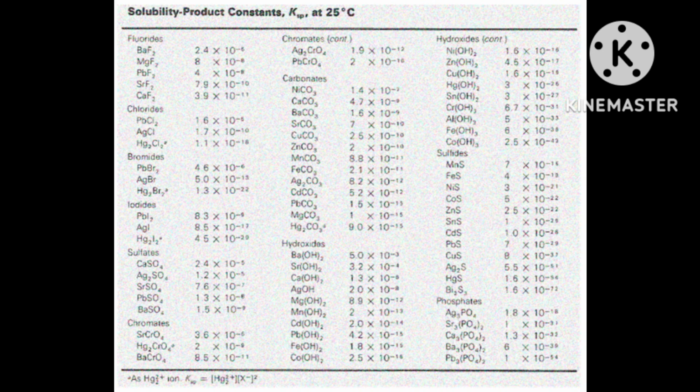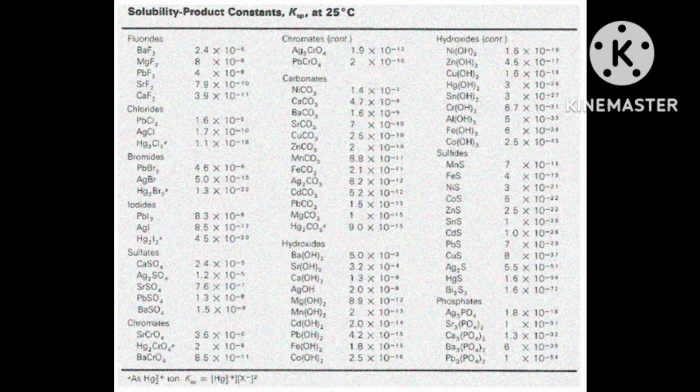Then S2 into 2S2 means 2S2 square, and its Ksp value is given for nickel hydroxide.